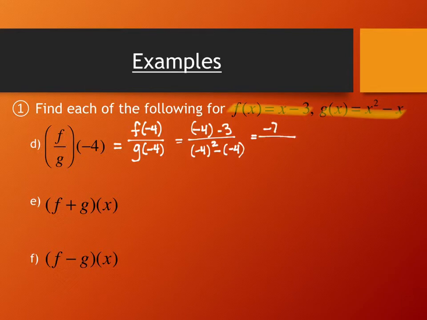On the bottom, I have negative 4 squared, which is 16. And then I have, again, that minus a negative, so it's addition. So I have positive 4. What is 16 plus 4? 20. So I have negative 7 over 20. If it reduced, we would, but this one doesn't. Right? 7 and 20 don't have anything in common.